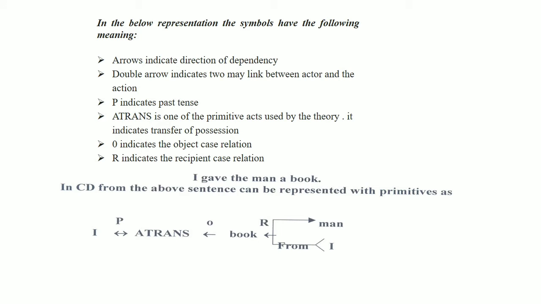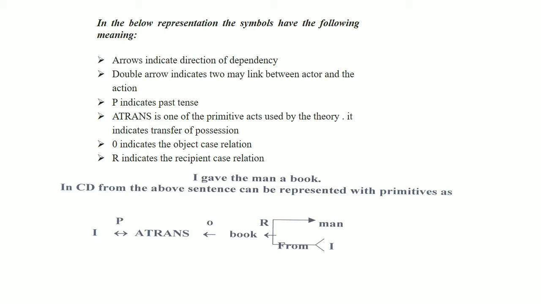So here I have given you an example. The sentence is, I gave the man a book. In conceptual dependencies, you divide those words. Each word is divided. You just see here, I is one word, gave is represented in another way, and then the book.